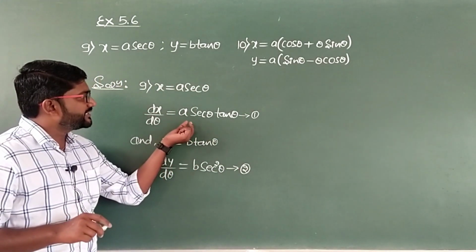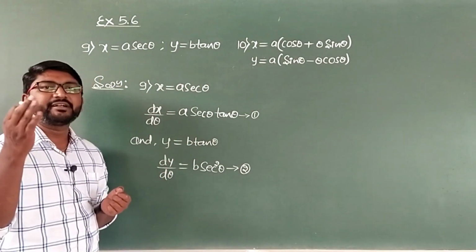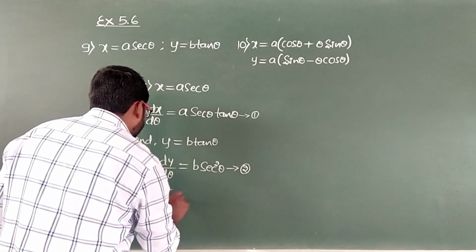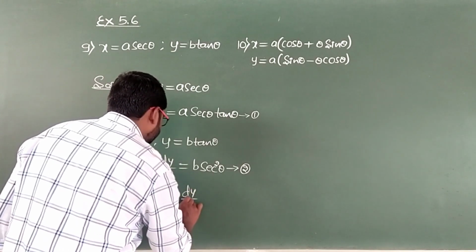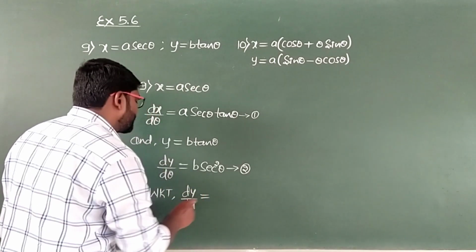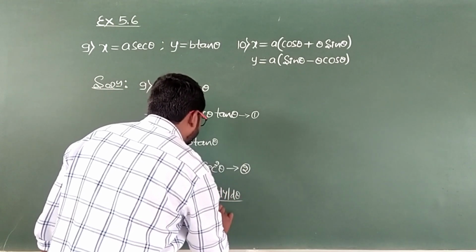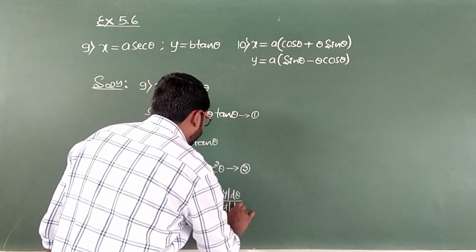Now we have to substitute equation 1 and equation 2 in dy by dx. We know that dy by dx is equal to dy by d theta divided by dx by d theta.